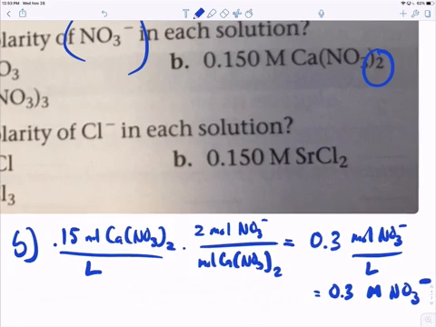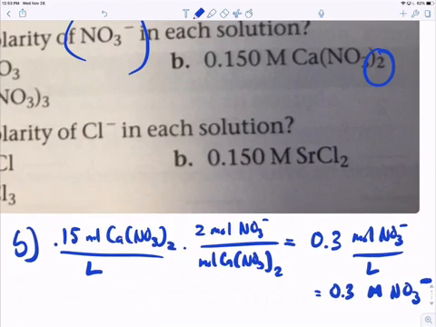For this one, you can do it one of 2 ways. You can look at the 2 and multiply by 2, and then be done with it. Or you can do it formally. The 0.15 molar calcium nitrate means 0.15 moles calcium nitrate per liter. And from this relationship, there's 2 moles of nitrate for every 1 mole of calcium nitrate. And then multiplying across gives you 0.3 moles nitrate per liter, or 0.3 molar nitrate.